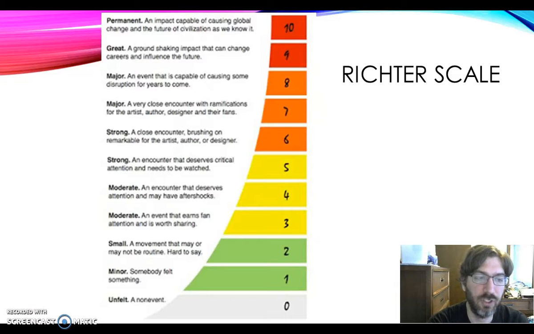This is a 10-point scale, 0 being unnoticed and pretty much uneventful, and nothing's happening, so we do include it. All the way up to 10, which is going to make a huge impact on the world. The thing is that this actually goes up exponentially.